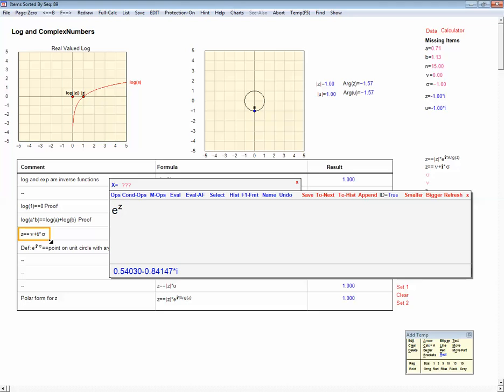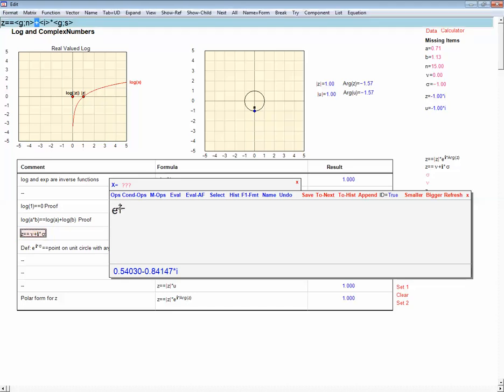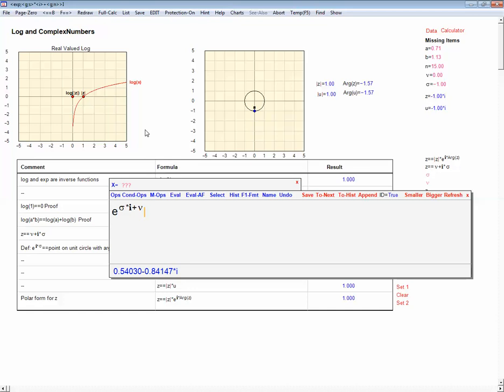So computing the exponentiation, or exp of z, means putting this sum in place of z. So let me do that by just doing a drag and a drop. And now we use a property of exp that we want to hold true even in the case of complex numbers.